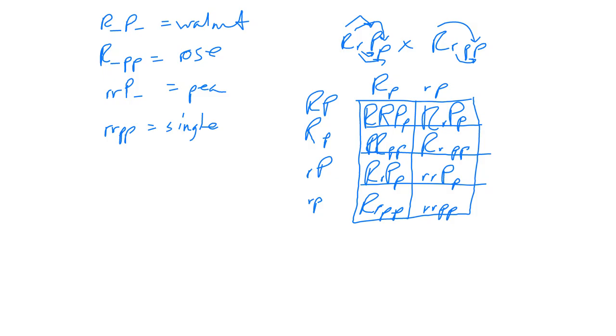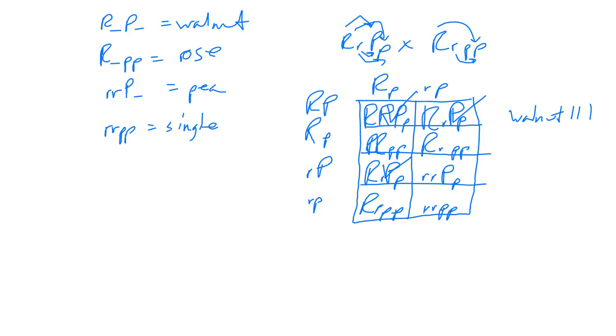So if you have a big R and a big P, you're a walnut, right? So here we have a big R and a big P, a big R and a big P, a big R and a big P. So we got 3 of those.